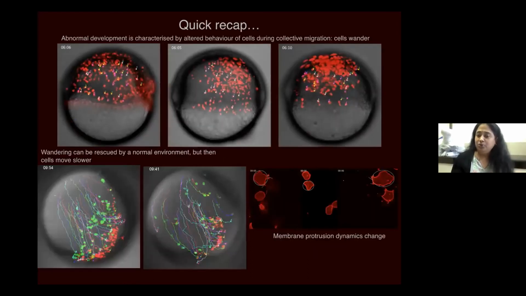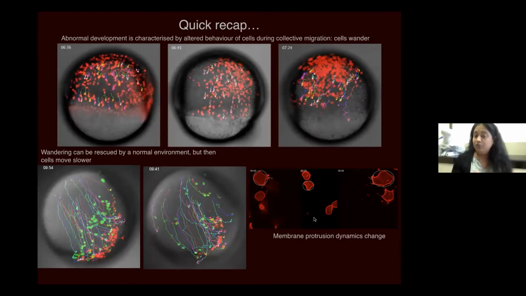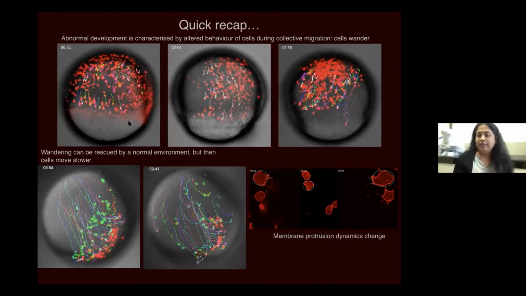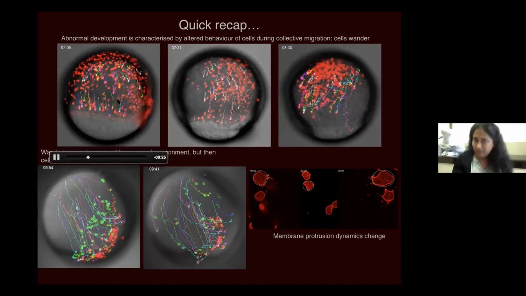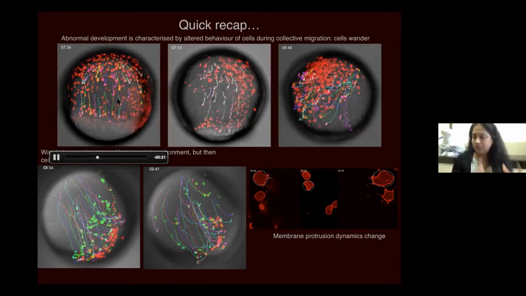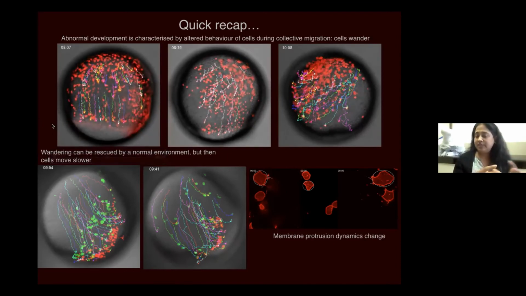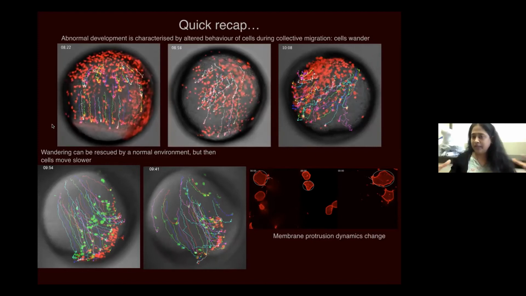And what I have shown you, and I understand that this doesn't fully answer the question, is that when the sizes of cells in that collective change, what we're essentially changing is the ability of cells to move coherently as a group.